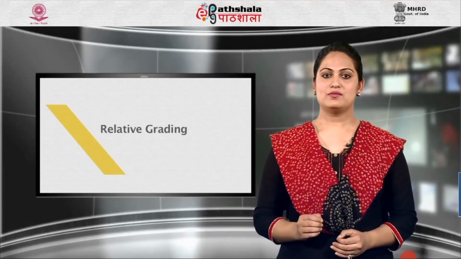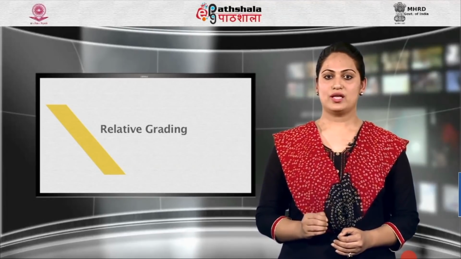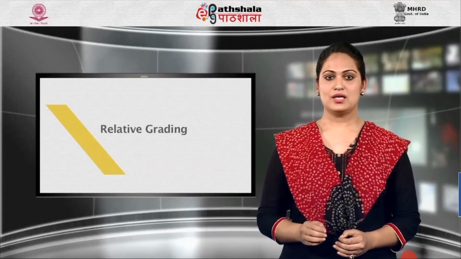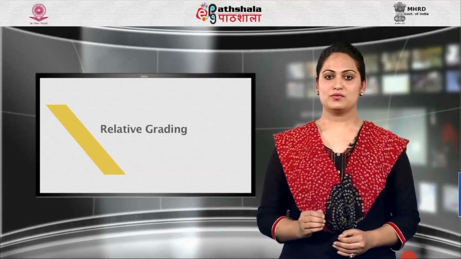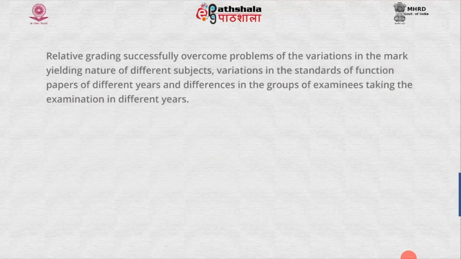Therefore, in relative grading, the range of grades changes for each subject, examination, and year of examination. On the basis of this, we can say that relative grading successfully overcomes problems of the variations in the mark yielding nature of different subjects, variations in the standards of papers of different years, and differences in the groups of examinees taking the examination in different years.